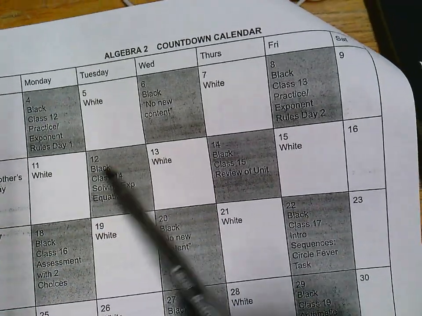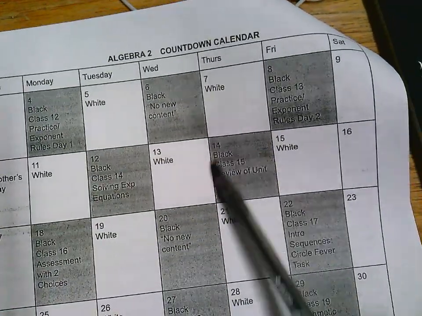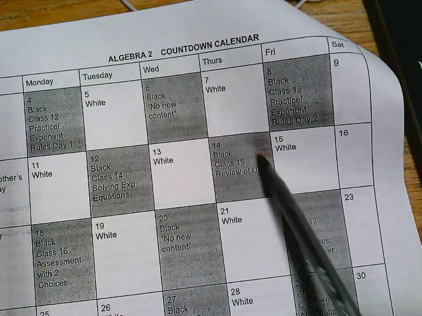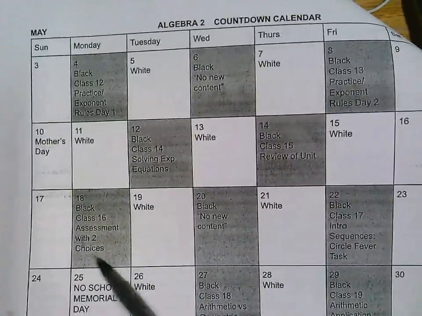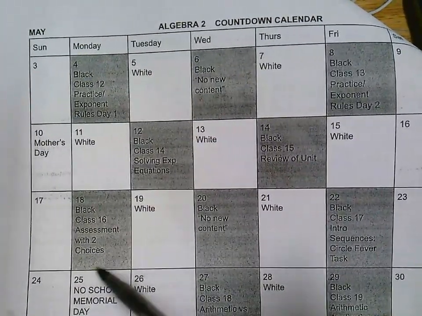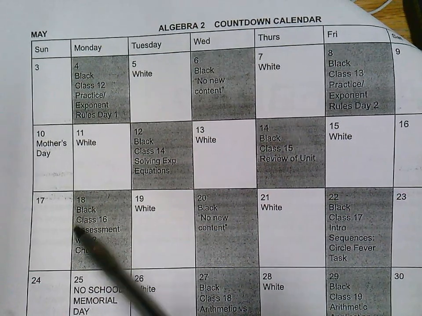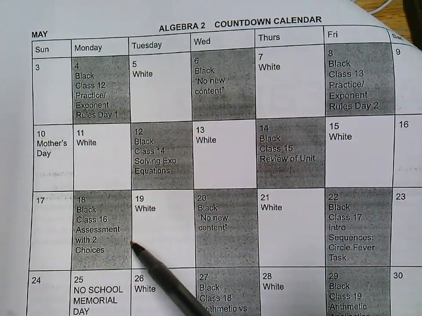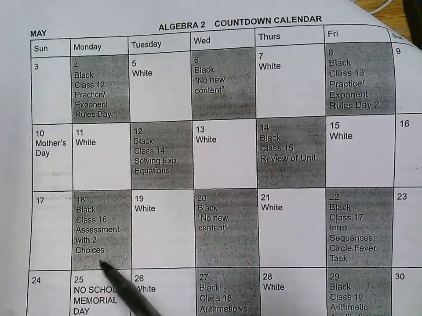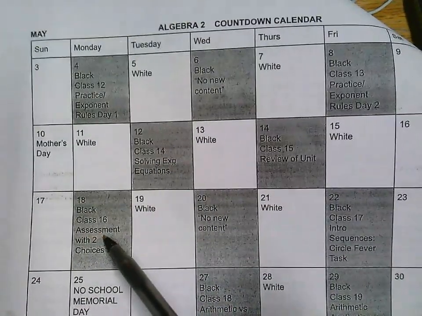So I anticipate that class 15 is going to be a review of the unit. And then on the 18th, you're going to have some type of assessment, either two choices, or what I've been doing in my classes is half of it being free response and half of it being a video conference with me.